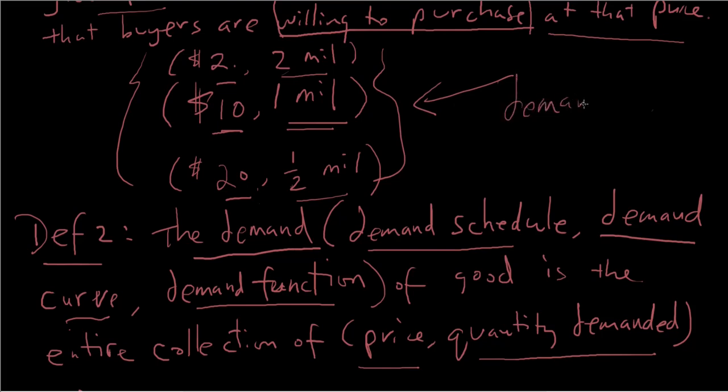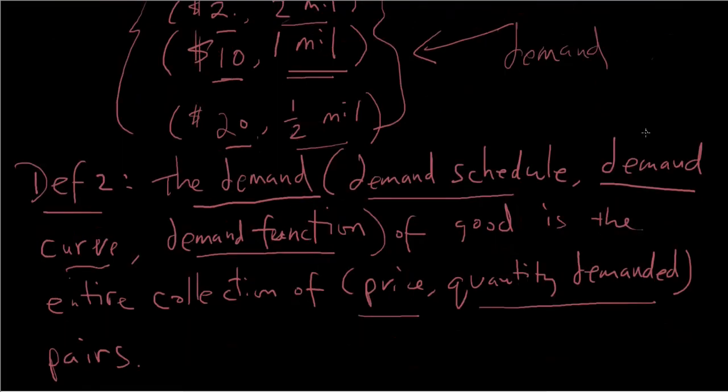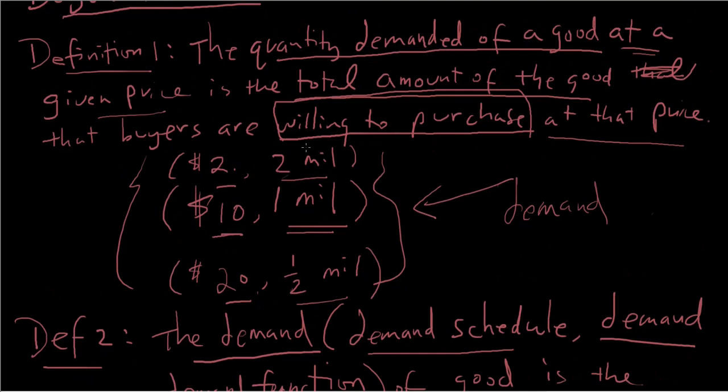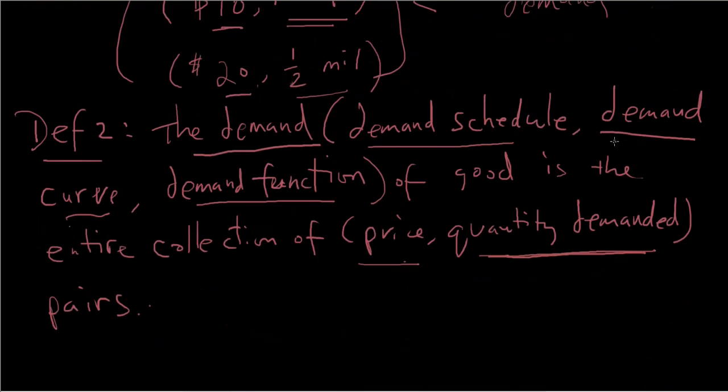So demand of a good is the entire collection of price and quantity demanded pairs. Since quantity demanded represents the buyer's willingness to purchase at the price, demand represents the buyer's willingness to purchase at different prices.